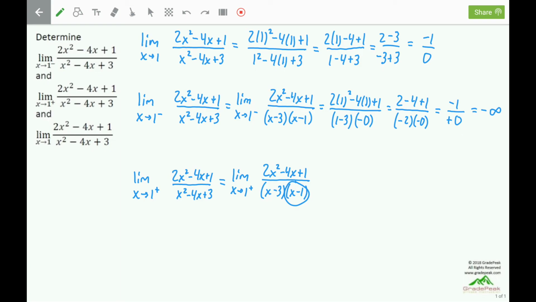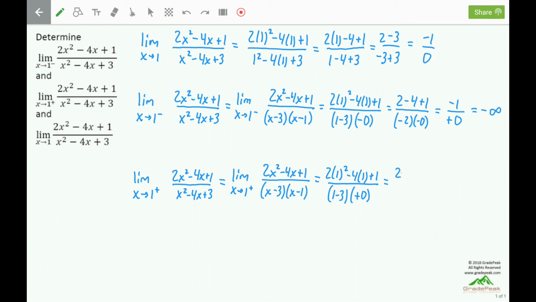It's more positive than 1, like 1.01. If plugged in for the x minus 1, it'll be a positive. We replace that with a positive 0. We can plug a 1 in for all remaining x's. Just be sure to put a positive 0 in for the x minus 1.